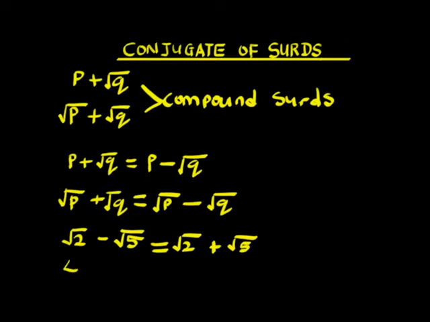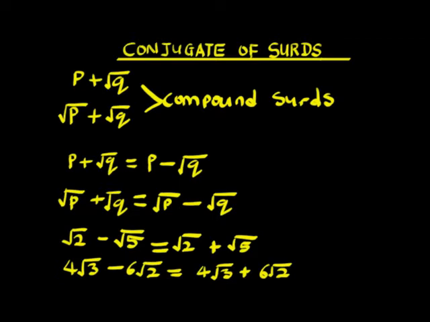Also, if we have 4 root 3 minus 6 root 2, the same rule applies. The conjugate of this surd would be 4 root 3 plus 6 root 2. These are what we have when we attempt to find the conjugate of surds.